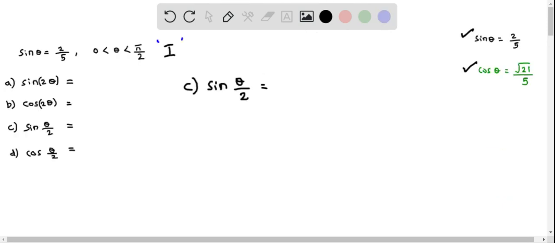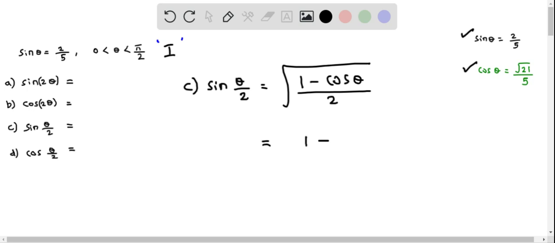In part C, we have sine theta over 2. So we can use the half angle identity. Sine theta over 2 is equivalent to the square root of 1 minus cos theta over 2. And we will have plus or minus, but since theta lies in the first quadrant, we utilize the positive quantity. So we substitute the value of cos theta. This becomes the square root of 1 minus square root of 21 over 5, divided by 2.